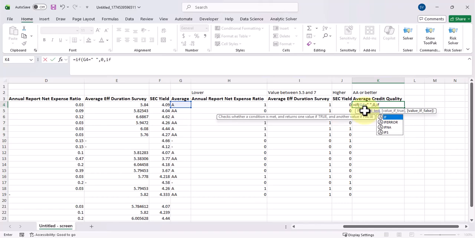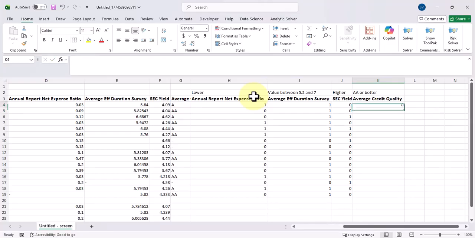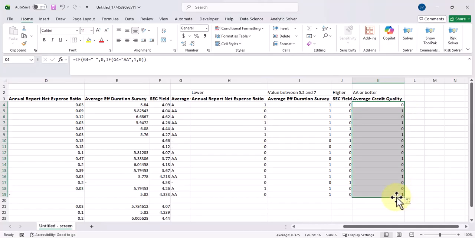And if it is equal to, in quotation marks, AA, then I want to get a value of 1. If it's not, I want a value of 0. I'm going to pull that down. And again, what I'm looking for here is where it says AA, I want to see a 1 over here. Where it doesn't say AA, I want to see a 0, and that's what I see.